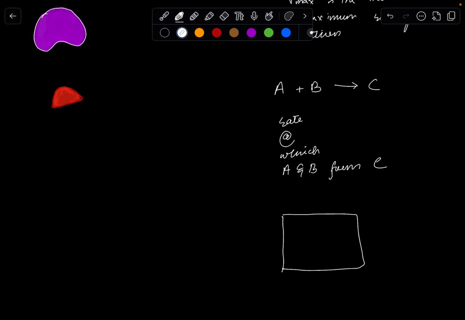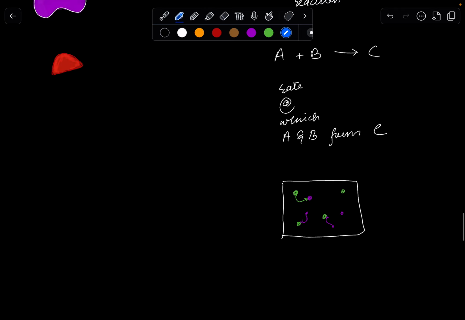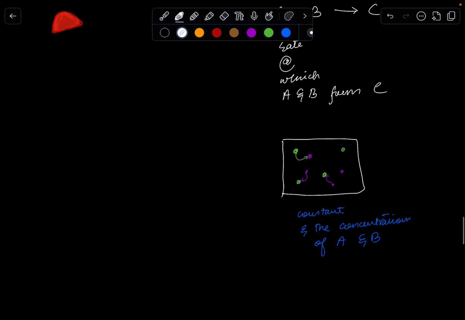right? Think of a box, think of your A molecules over here and B molecules over here. And to form C, the A molecules need to find the B molecules. And so the rate is then dependent on some constant and the concentrations of A and B. So what is the rate?